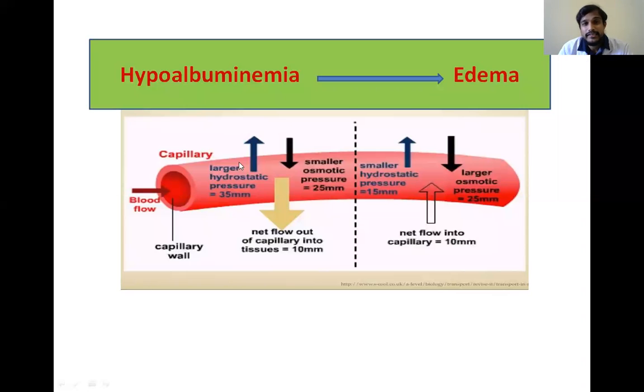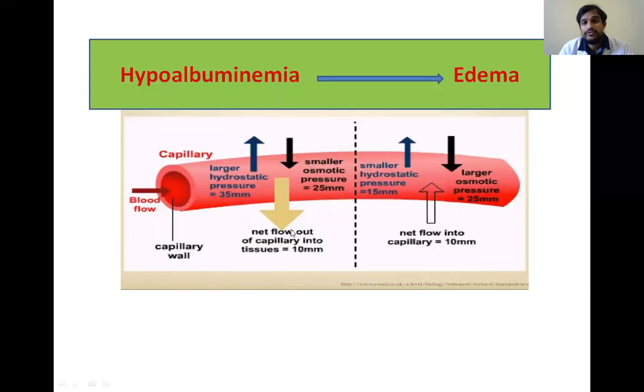An equilibrium is maintained between the hydrostatic pressure and osmotic pressure in the blood vessel, and this osmotic pressure is due to albumin. So in proteinuria, when there is loss of albumin, albumin will be decreased. So this osmotic pressure will be decreased. Relatively, the hydrostatic pressure will be increased, which leads to outflow of the fluids.